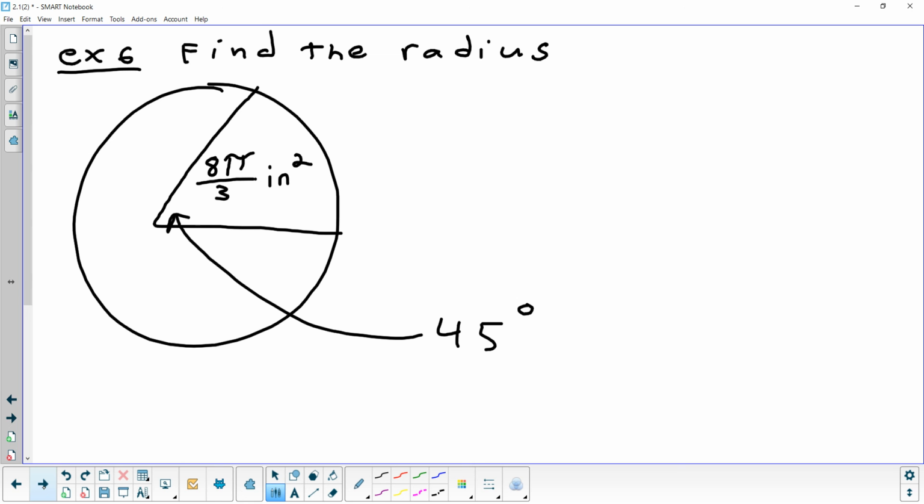All right, let's try this one. Okay, find the radius. All right, so a couple things here. First, you got to deal with that 45 degrees. Can anyone tell me what that would be if you change it to radians?